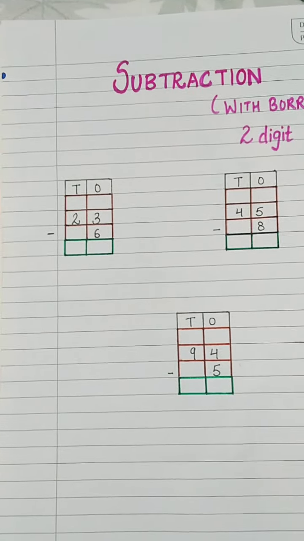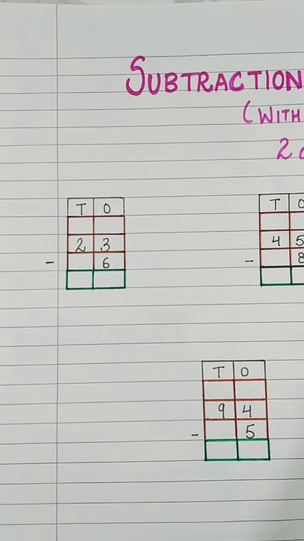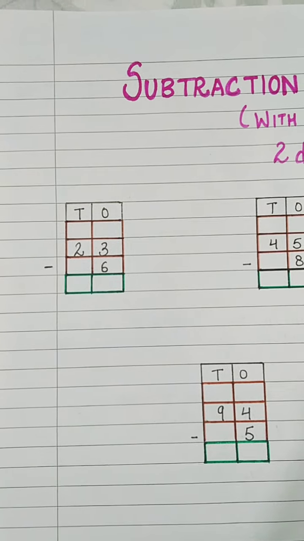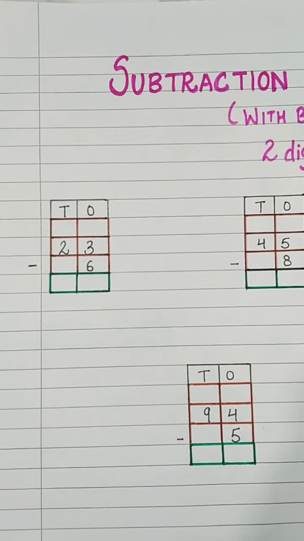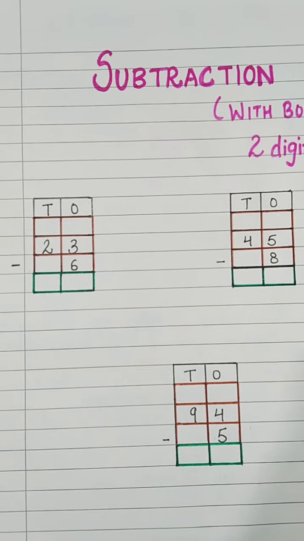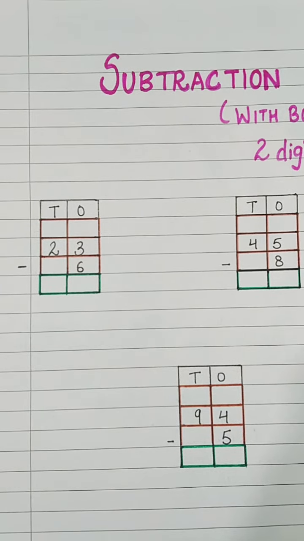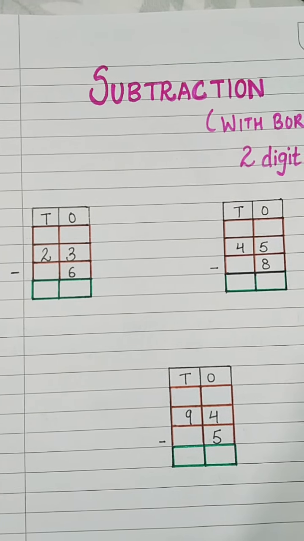Before starting this topic, I just want to tell you one thing. Whenever you are doing sums in mathematics, you have to use the boxes of your maths notebook very properly. I have seen some students doing it in a very untidy way.